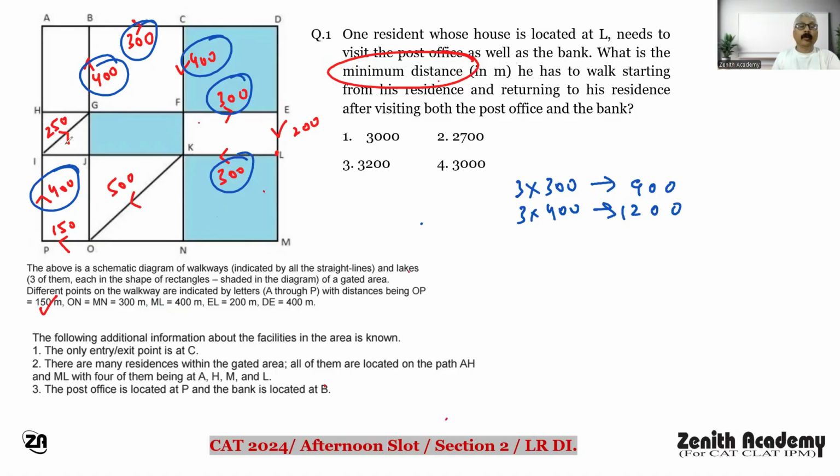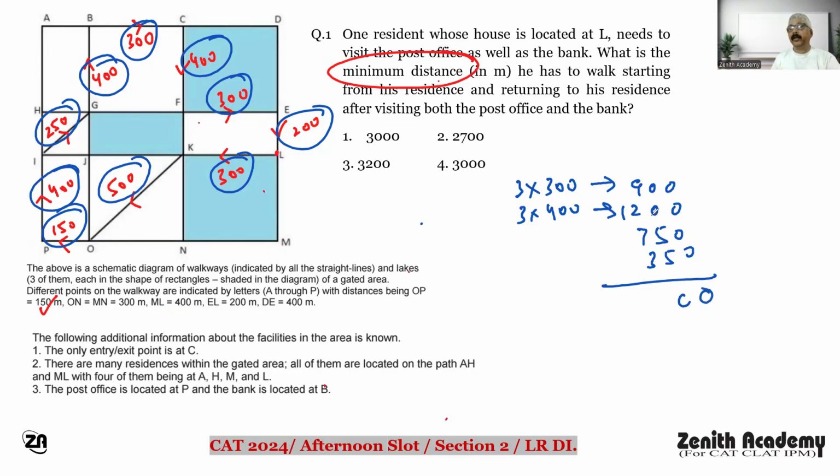Then one diagonal 500 and this is 250, so it is 750. And then this 200 and this 150, these three times. Is any point left? 5 into 750, 200 plus 150. So adding it all up, the answer is 3200.